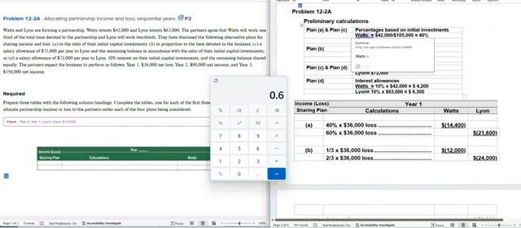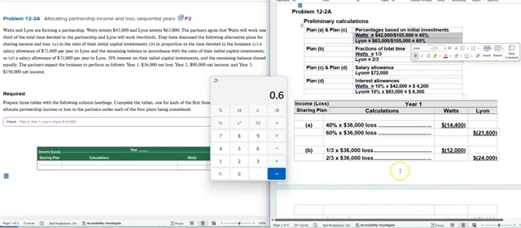Okay, so that's the percentage of their initial capital contribution ratios. 60% from Lyon and 40% from Watts.